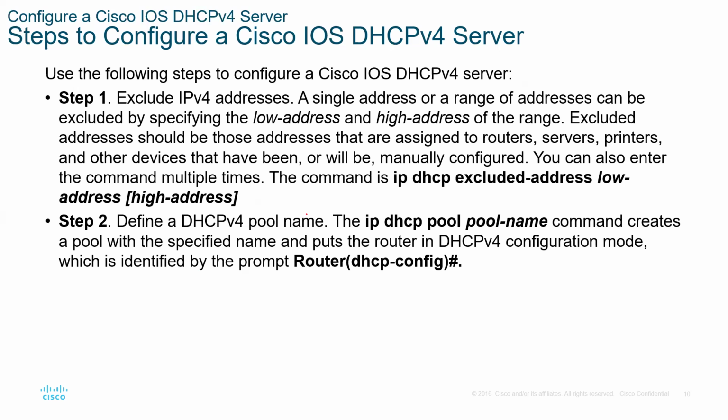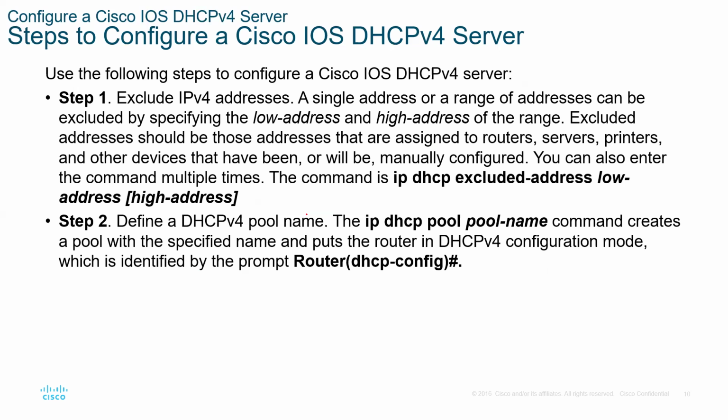Addresses that are assigned manually, especially for servers, it's not recommended to assign addresses dynamically on servers, because you need to know those addresses. Those addresses will need to be static, manually assigned. So they are also excluded from the pool. So step number one is basically excluding addresses for statically or manually configured addresses.